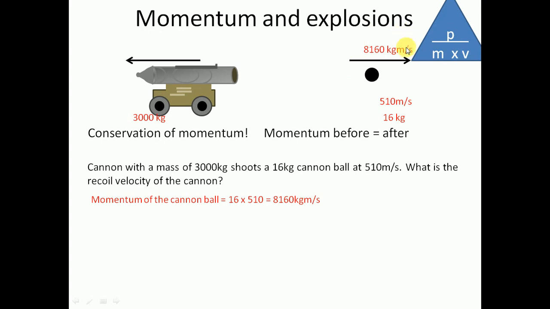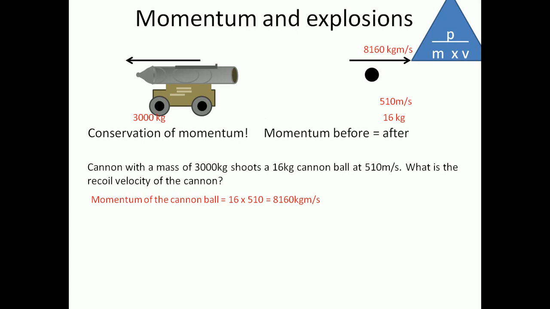Now, this is the important part. Because of conservation of momentum, we know that before the cannonball was shot, the cannon and the cannonball weren't moving. Therefore, their momentum before the cannon was shot was 0, because nothing was moving.